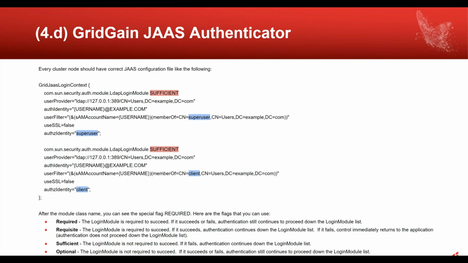So if I have super user and client groups together, I will have the permissions of super user because super user can do everything. Okay, and you can also see on the slide other modes that you can use for this check. For example, if you set prerequisite and this check fails, it means that other checks will not be started. So your authentication attempt will fail.